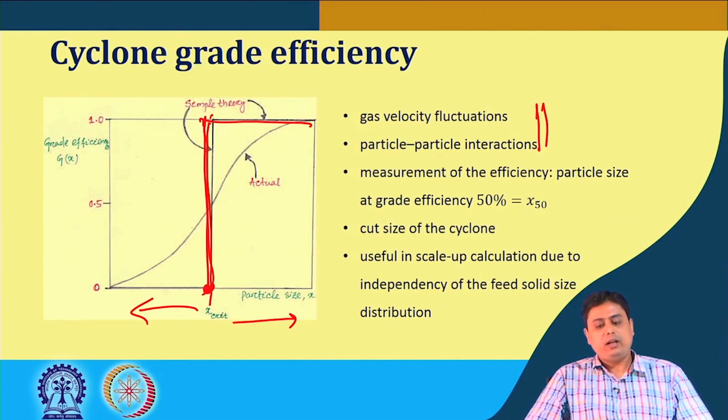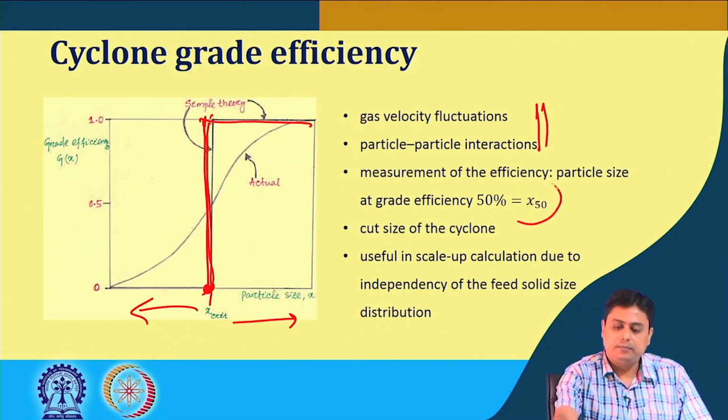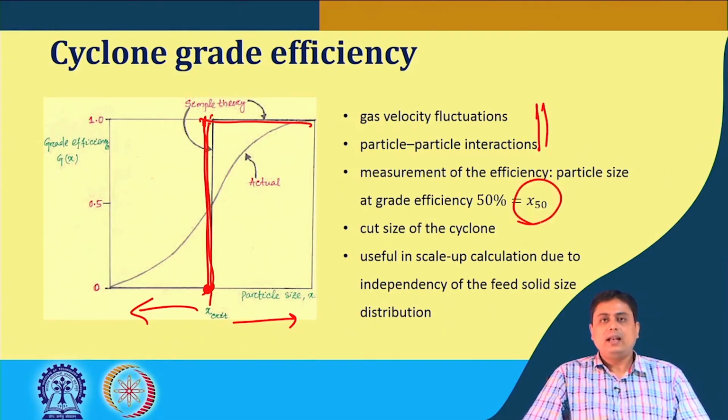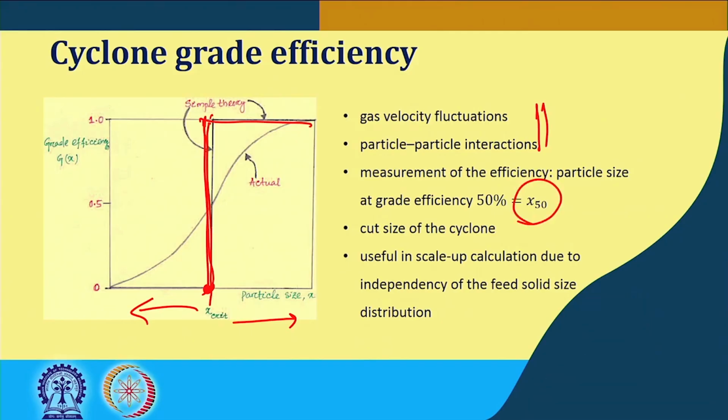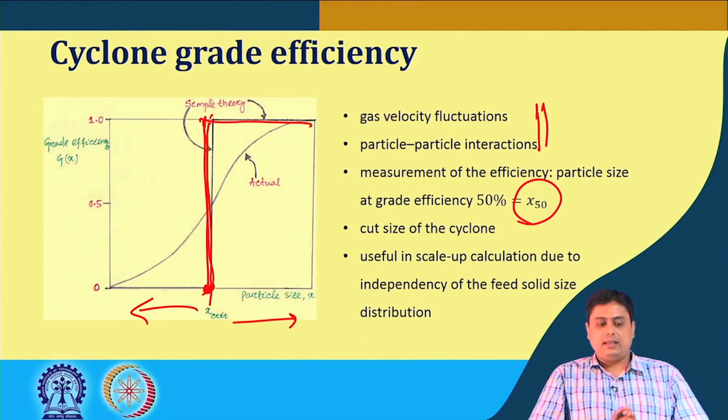So, this measurement of efficiency, the particle size at grade efficiency 50%, or say x 50, is the number. Sometimes these are used for characterizing a gas cyclone operator or its efficiency.